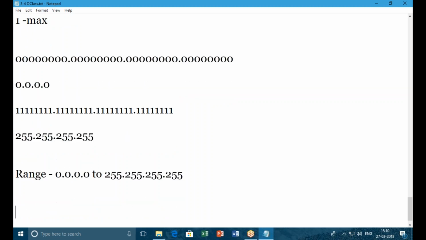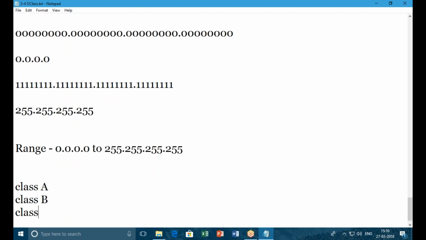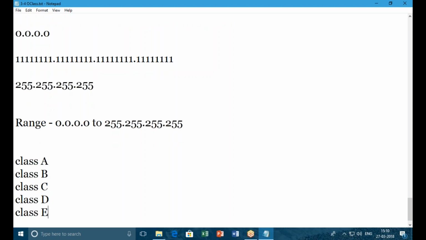Now this range is divided into 5 classes: class A, class B, class C, class D, and class E. Each class has its own range.